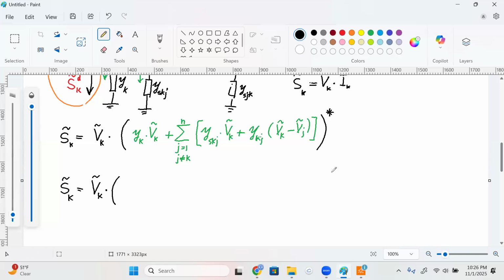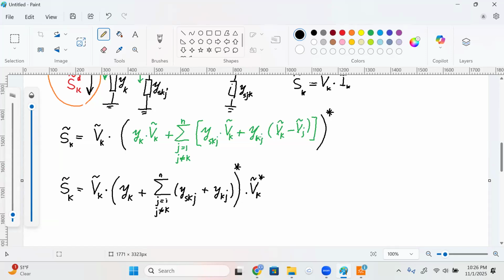So that's going to be my YK, which is multiplied by VK, plus a bunch of them under the summation, J from 1 to N, and J is not equal to K, of Y SKJ plus YKJ. Of course, the whole thing has a conjugate, and it is multiplied by VK as well, again with a conjugate.